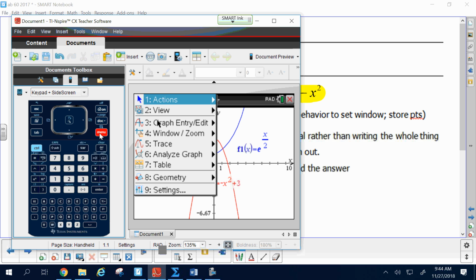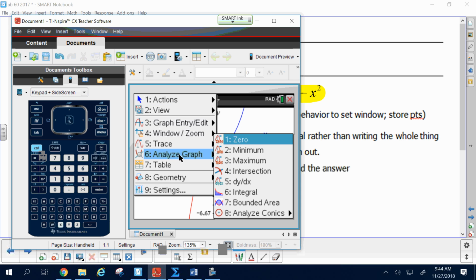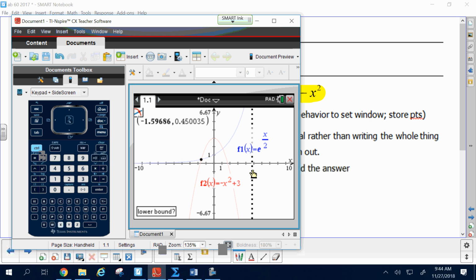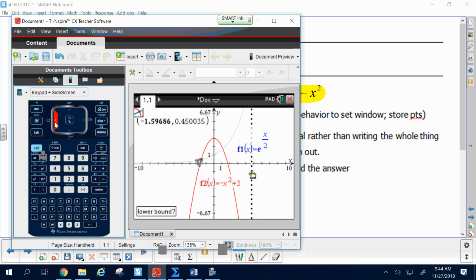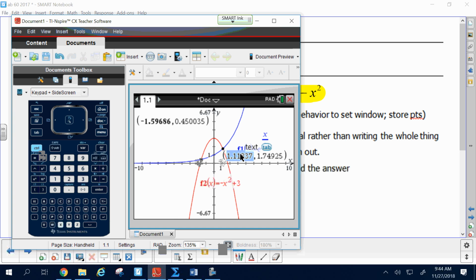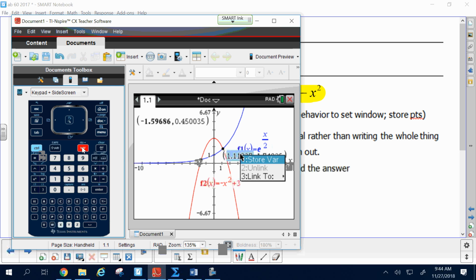Once you've stored it, it should be dark and highlighted. And for the second one, I'm getting 1.11 something or other. Do you agree with my intersections of negative 1.596 and 1.1? Cool.